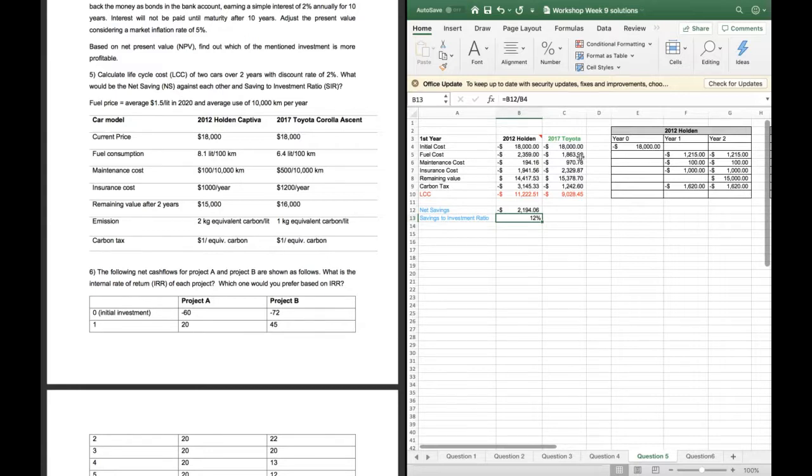I think there should be two values per concept, definitely. Exactly, so even I think so, because here, conveniently, the solution that has been provided is doing the savings to investment ratio for the Holden when we compare the net savings with Toyota.